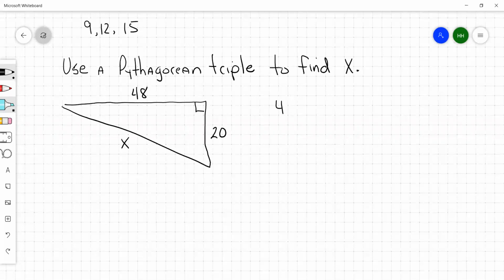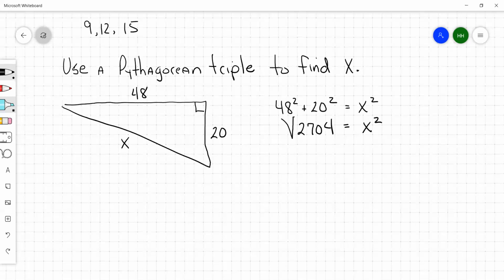You're taking 48 squared plus 20 squared and setting it equal to x squared. That's 2704, which is equal to x squared.